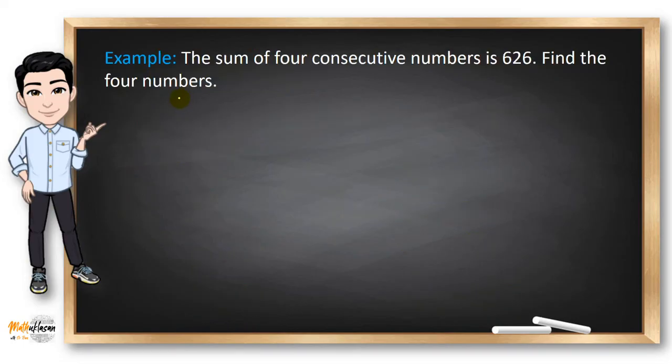The sum of four consecutive numbers is 626. Find the four numbers. If we have consecutive numbers like 1, 2, 3, notice that if I let 1 be x, I can get 2 whenever I add 1 to the previous number. So the next number after x is x plus 1.